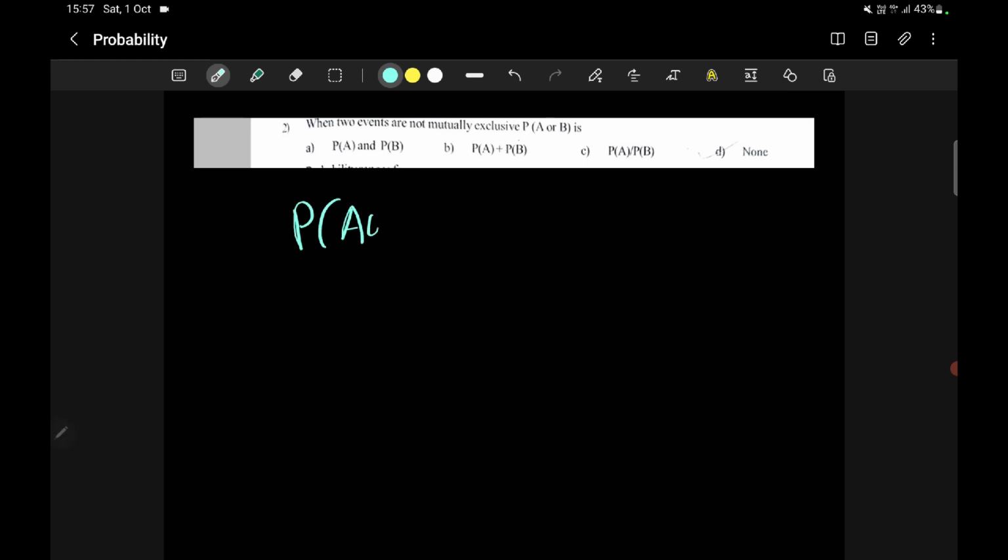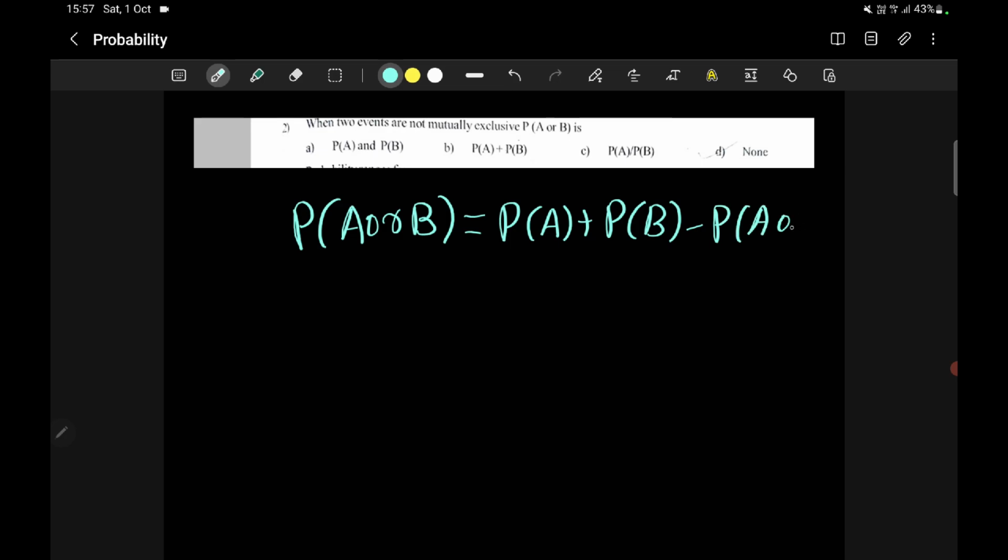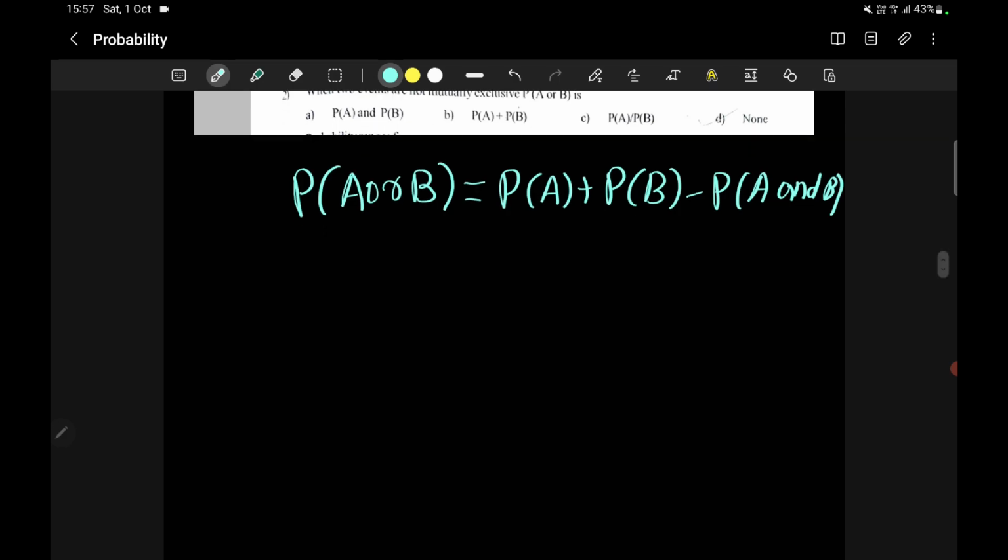P(A or B) is equal to P(A) plus P(B) minus P(A and B). So this is the correct formula for not mutually exclusive. This is a direct question, you can mark and get 1 mark.